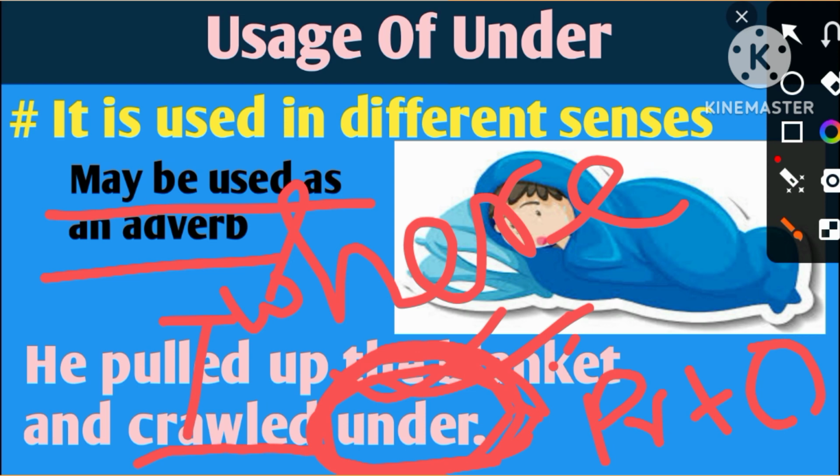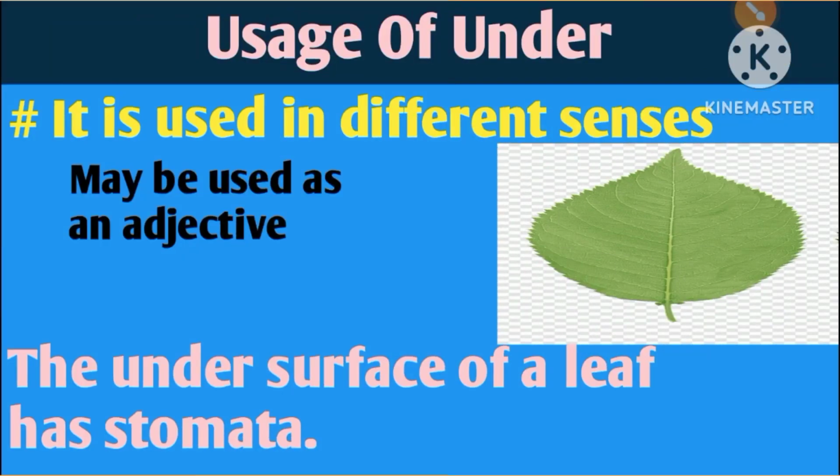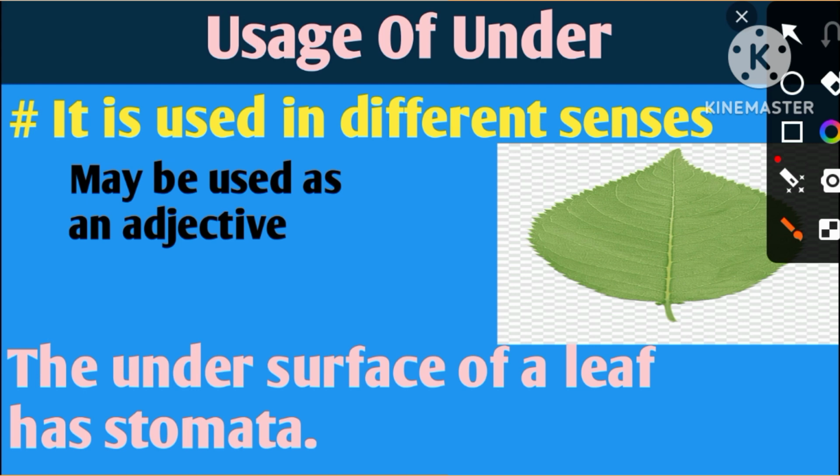My dear friends, I think the usage of under as adverb, it's clear to you. Please move on to the next slide. Friends, the term under may be a preposition even though it is used as adjective in the sentence.